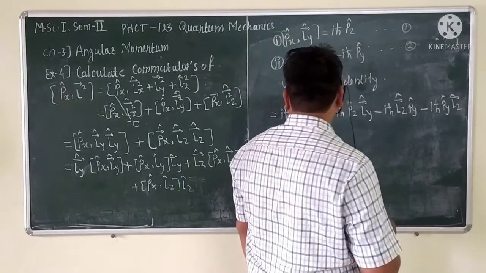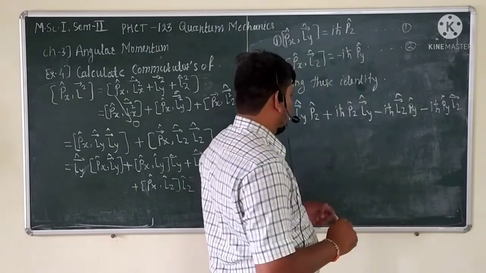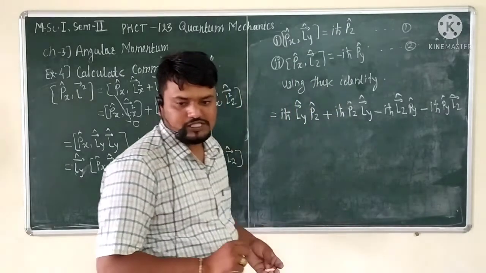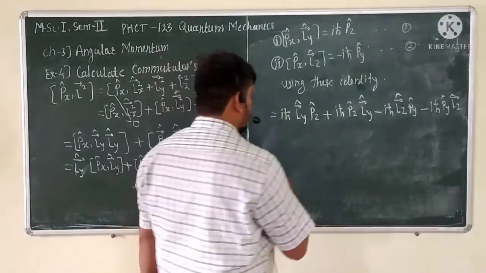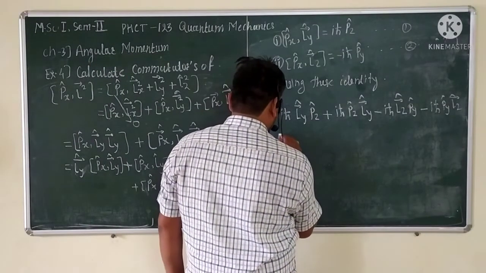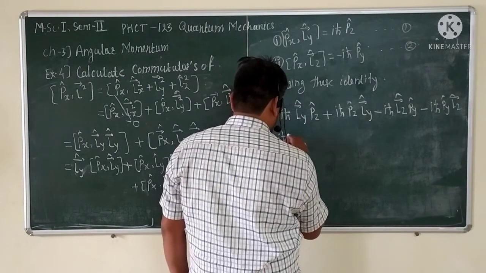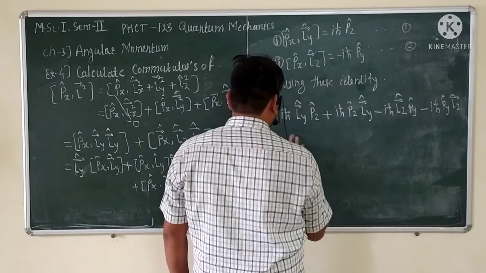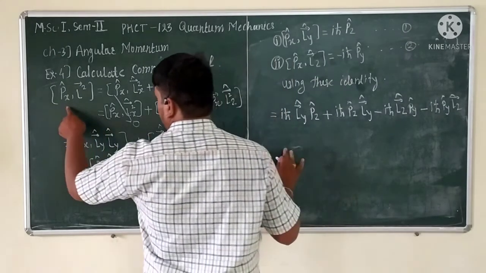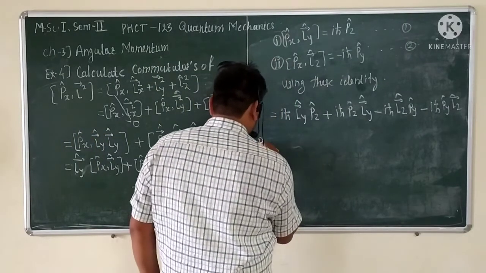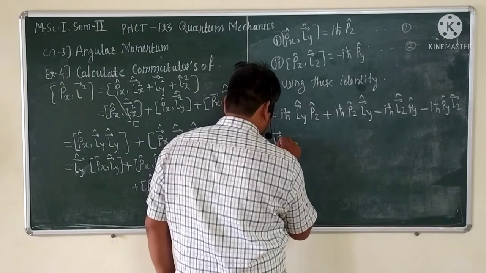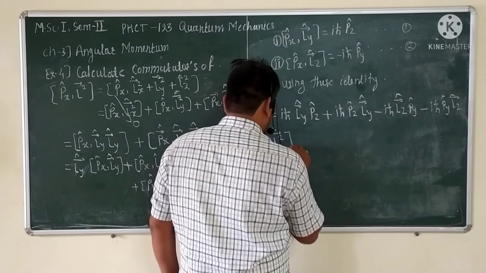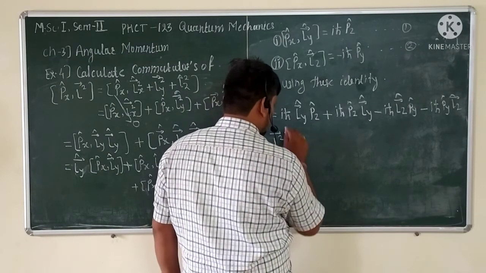So finally, if we want to solve this bracket, the value which is taken out, iħ, is outside the bracket. So this is iħ in brackets, where we are solving that [Px, L²] is the final result coming out here.